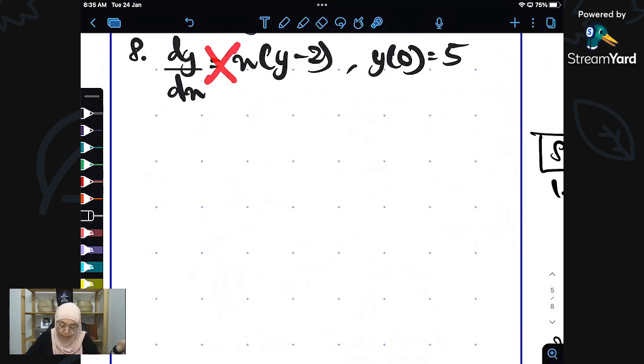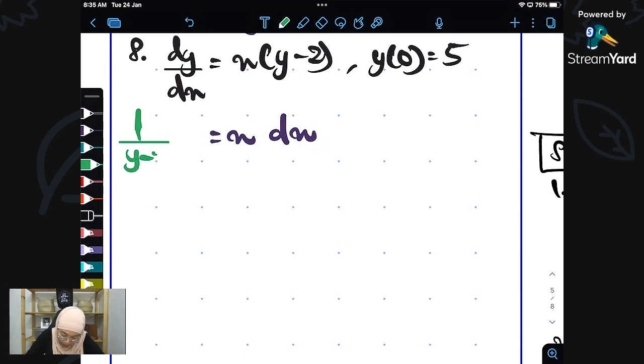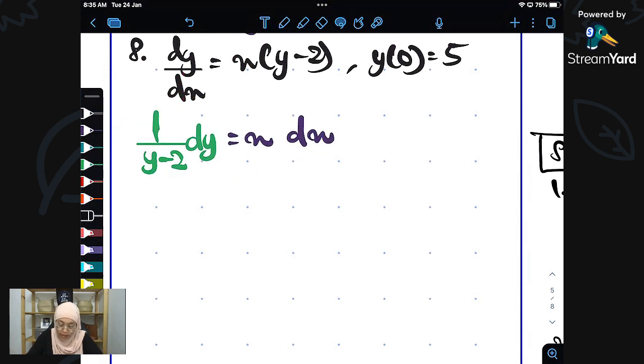So we separate them into team X and team Y again. So we will get x dx on the right hand side, while 1 over y minus 2 dy. Okay, so same steps.